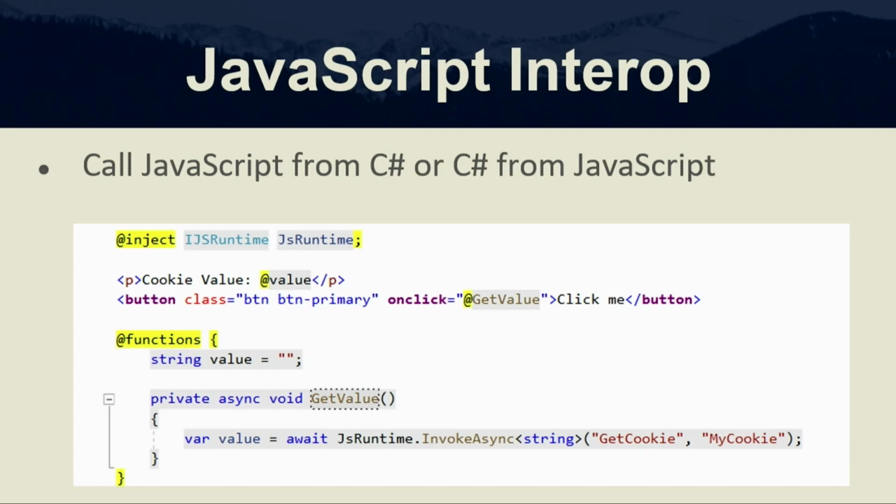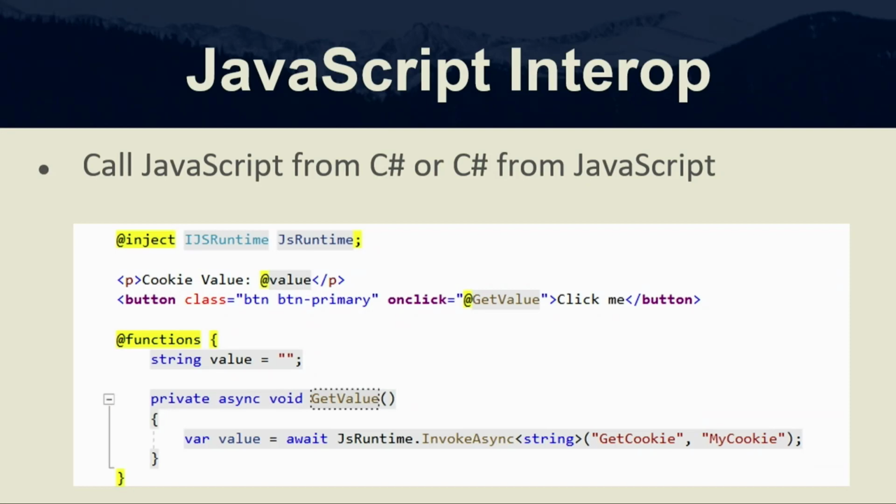I can call from my .NET code using this JS runtime, and I can call a JavaScript function that's been declared in a JavaScript file, and then use that value in my .NET code. That's pretty powerful. If I want to more selectively target a specific element in the DOM, I can have a JavaScript function that does that, and I can call it from my .NET code. So that's a couple different scenarios there.